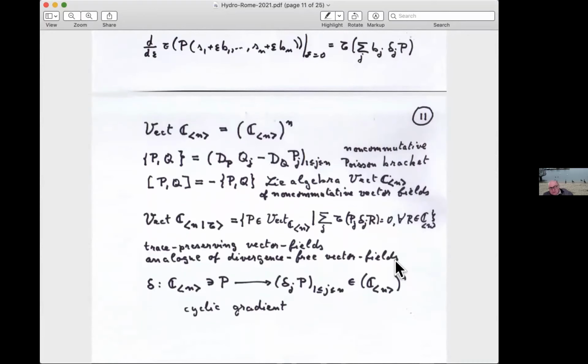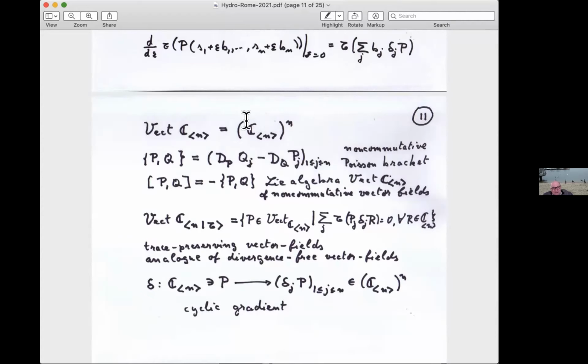The vector fields for Cn will be the analog of the Lie algebra of vector fields, with minus the Poisson bracket, will be n copies of the functions, the polynomials.